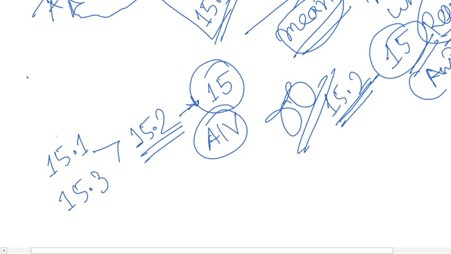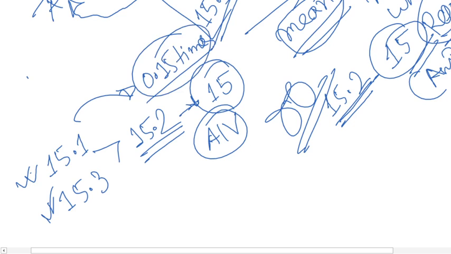But before that, we'll have to check these two test values, the first and second, against this one, whether this exceeds 0.15 times the mean value. So whether it exceeds 0.15 times 15 or not. 0.15 times 15 will be 2.25, so 15 plus or minus 2.25.